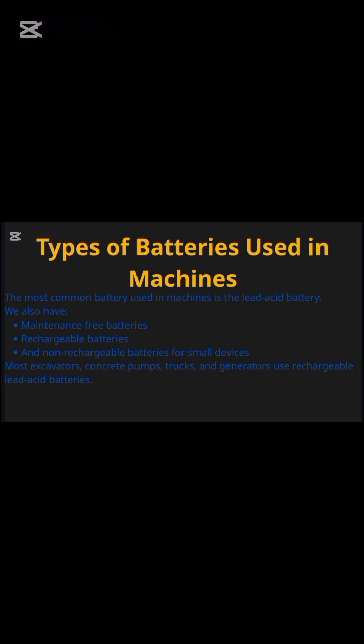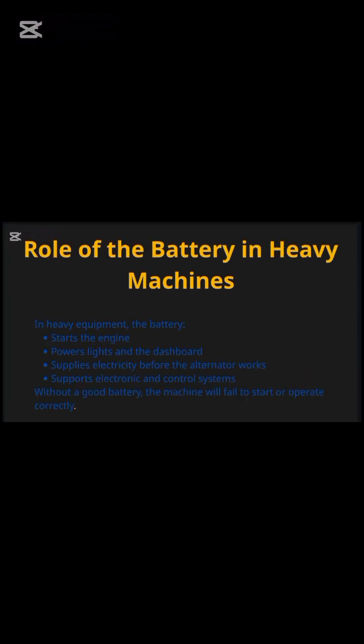Most machines like excavators, concrete pumps, trucks, generators, road construction machines, etc. use rechargeable lead-acid batteries. There are other types of batteries used, but the most commonly used is lead-acid batteries.